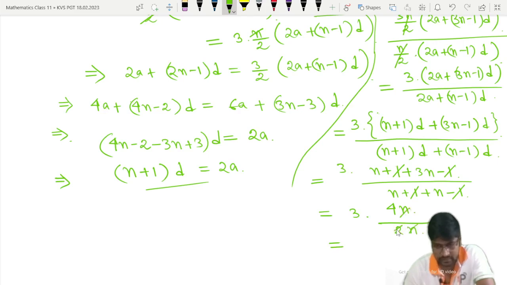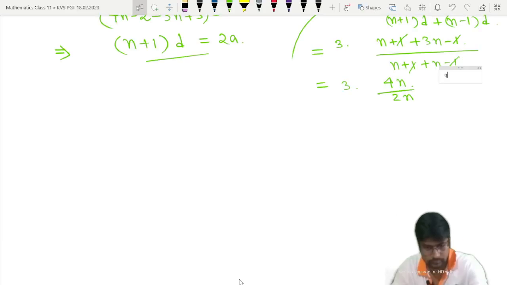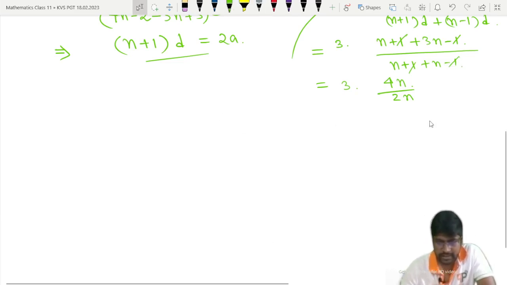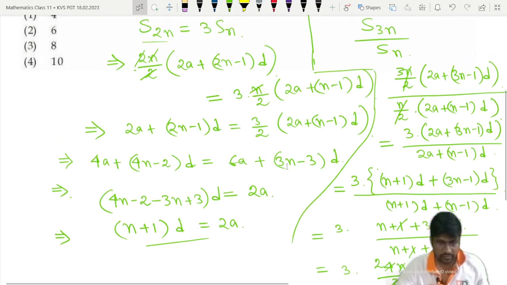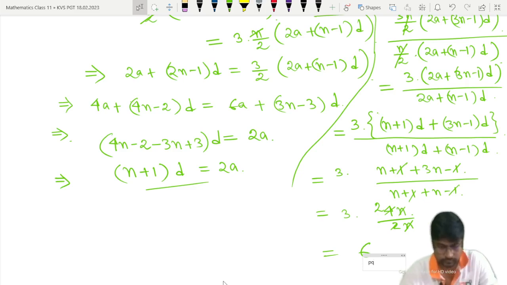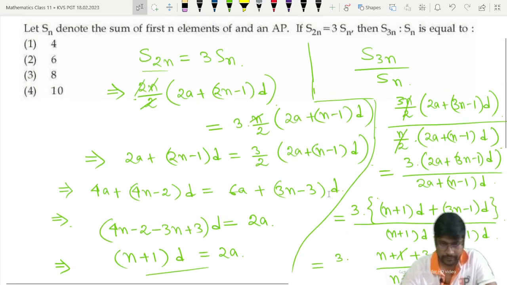So n will be cancelled, 4 by 2 is 2, and 3 into 2 is 6. So 6 is to 1. The answer will be 6 is to 1. So the ratio S3n is to Sn will be 6 is to 1.